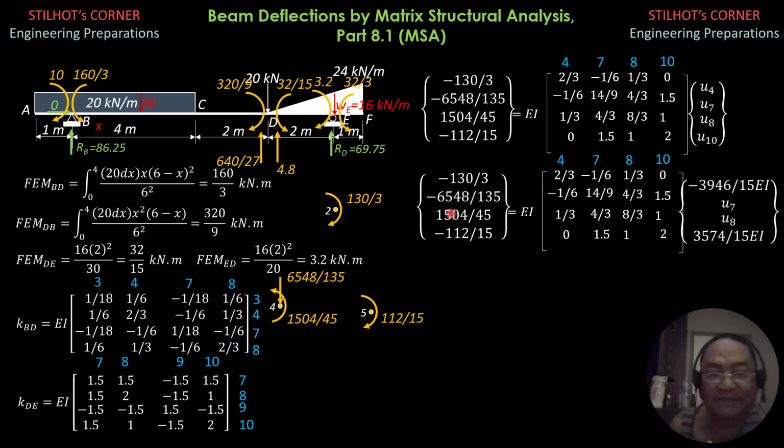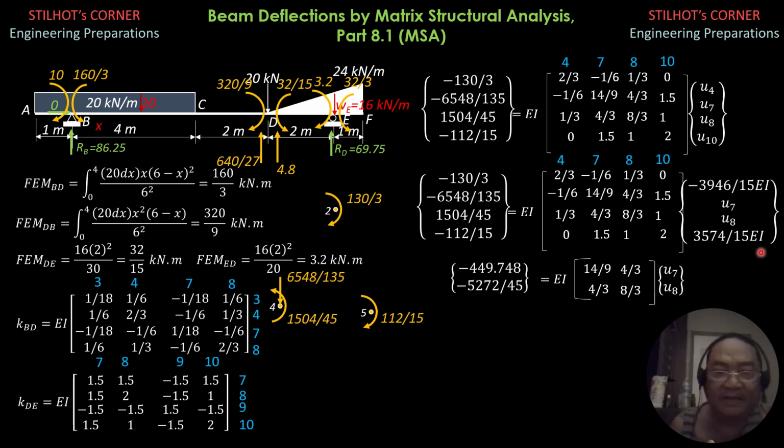For this force value here, 1504 over 45, then minus 1/3 of negative 3946 over 15 minus 1 times 3574 over 15. This will now be the new values.